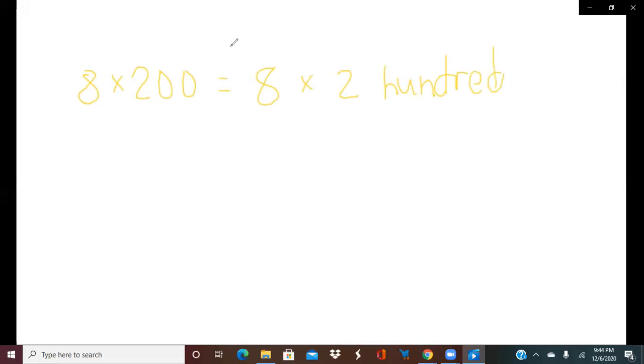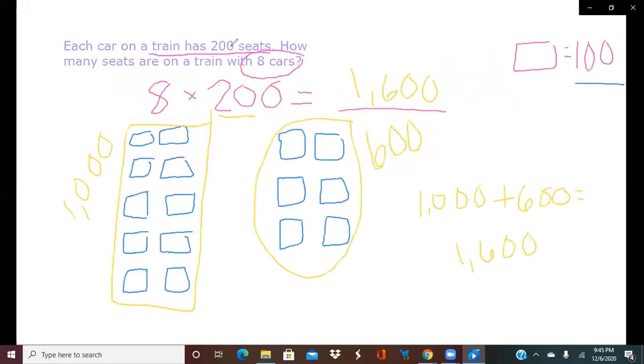So if we think of 8 times 2, we know that is 16. So then we can say it's 1600s. Excuse my handwriting. And 1600 is written as 1600. Okay, so again, there are 1600 seats on the train, and that's the same answer we got on our first initial problem. We worked it out, so we got the correct answer.